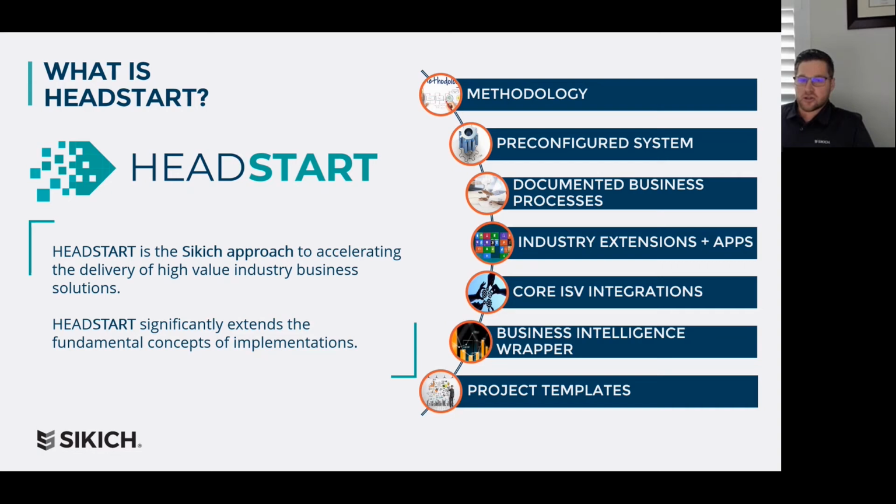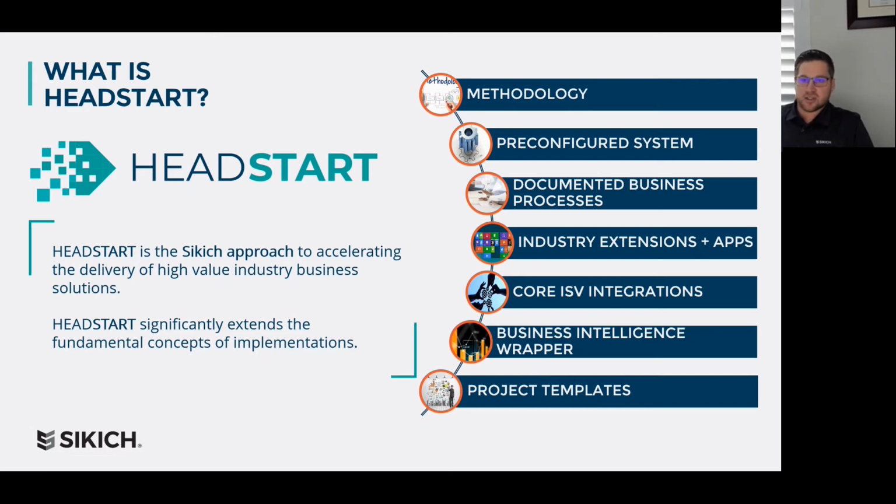We've taken Dynamics 365 Finance and Supply Chain, and our architects have pre-configured the ERP solution to account for industry requirements, things we've seen on projects, and best practices. So our clients get a pre-configured Dynamics solution when they start their project with us.